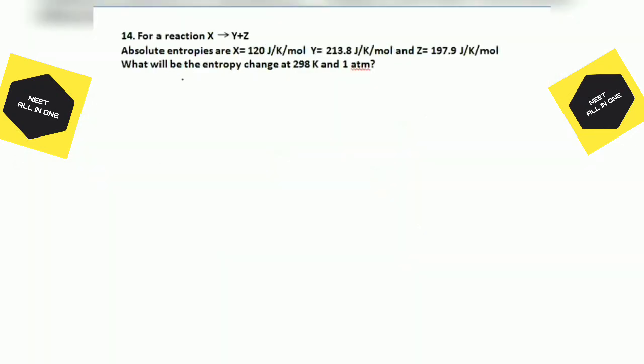Now for question number 14, they have given us the equation X gives us Y plus Z, and absolute entropies are given here. What will be the entropy change at 1 atm? So let's write it.